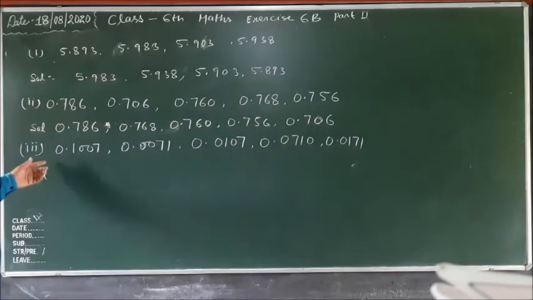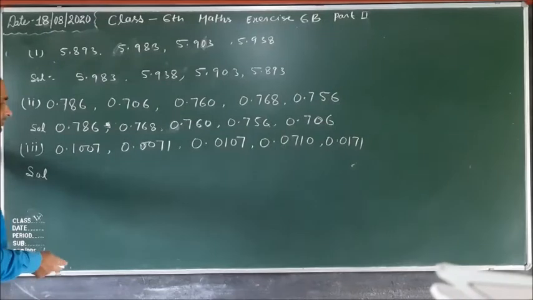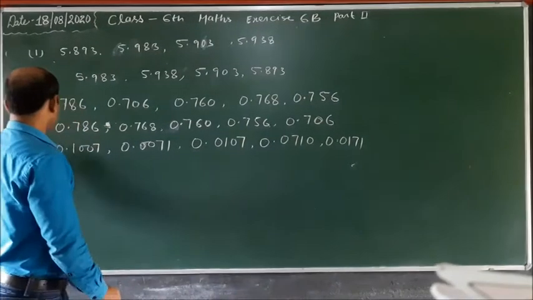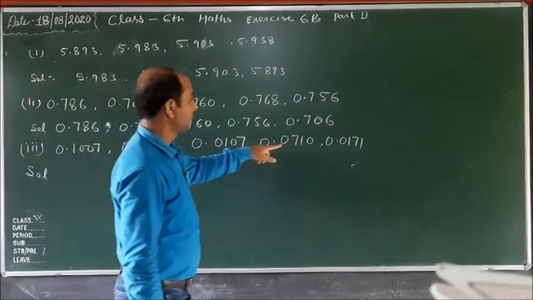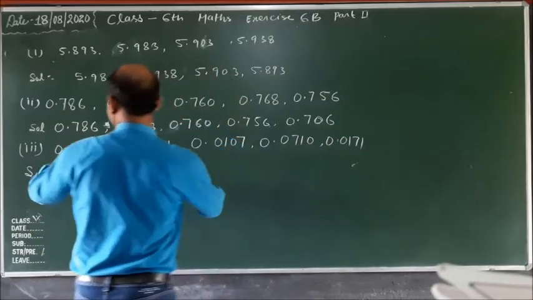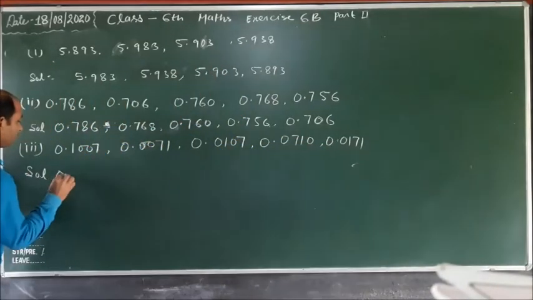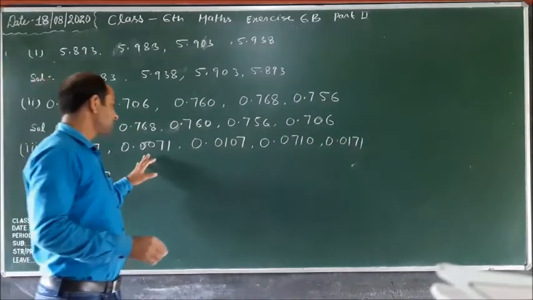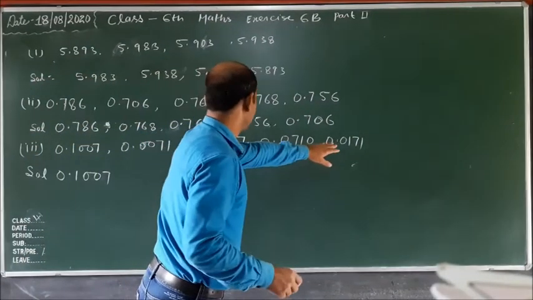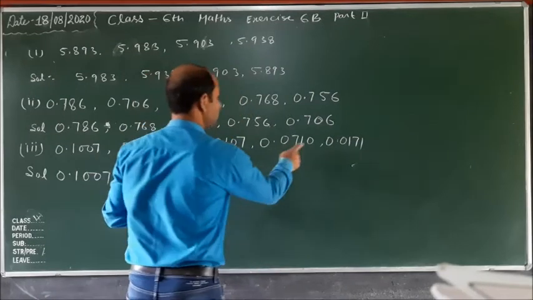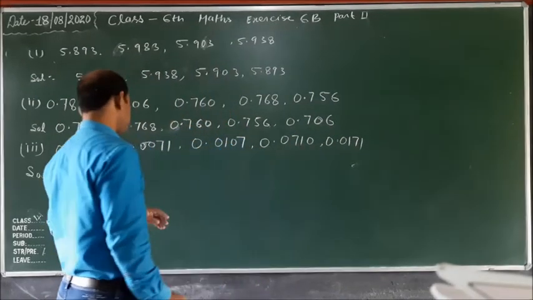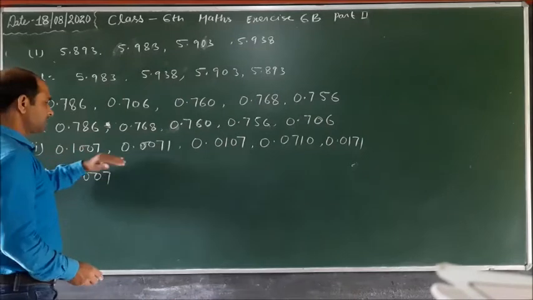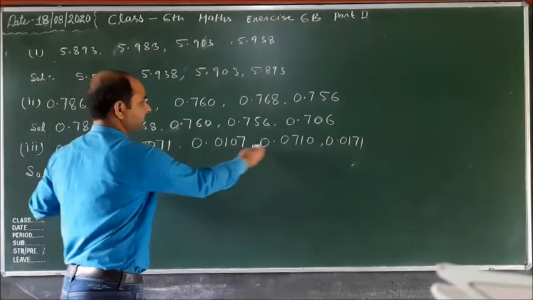Okay, now the last question. First we choose the greatest number. Here 1. So this is the greatest number. 0.1007, because in the tenth place there is not any number here; all are 0, 0, 0 and 0. Now after this digit we compare these numbers.